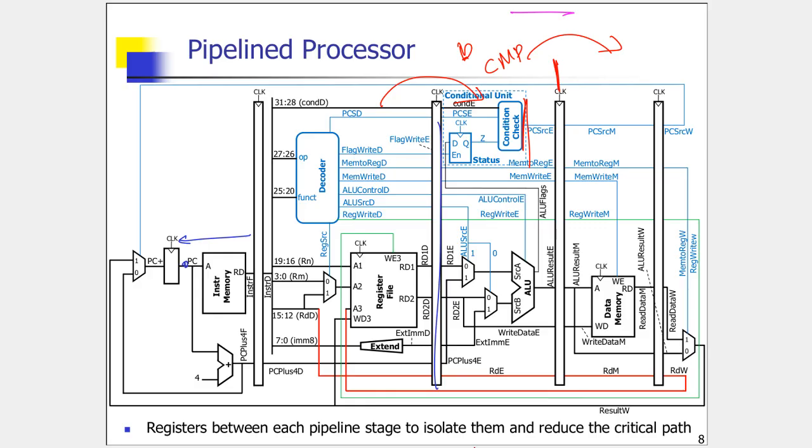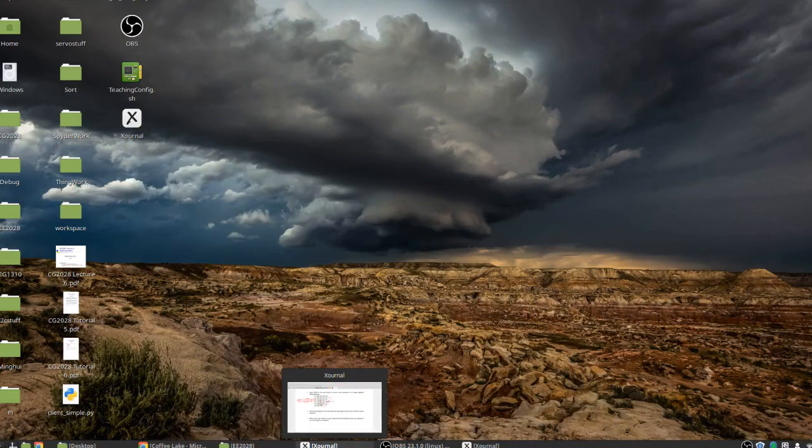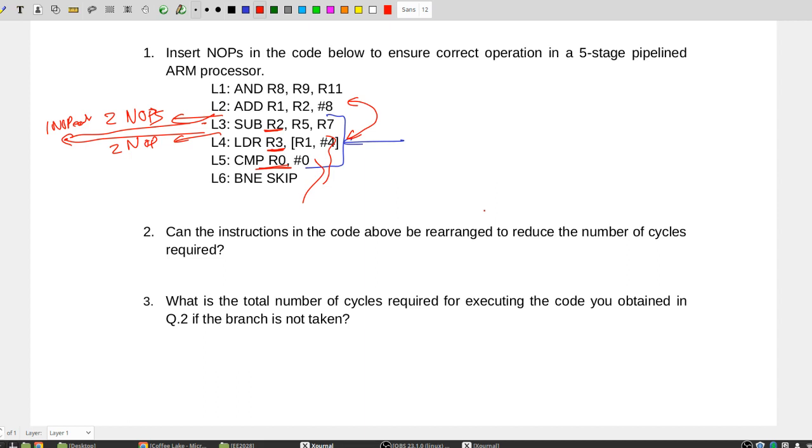So coming back here, you don't have any problem except there. But L6 has a problem. What is the problem here? L6 gives rise to control hazards because there's a branch, right? So how do you solve the problem whenever there is a branch? Yeah, put 4 NOPs after that. So 4 NOPs.